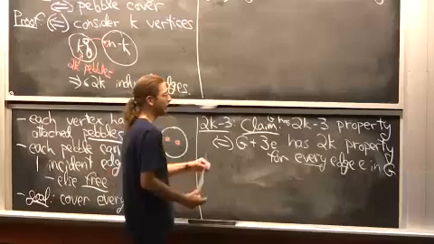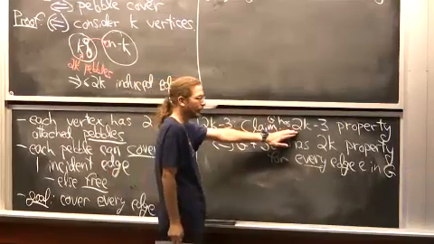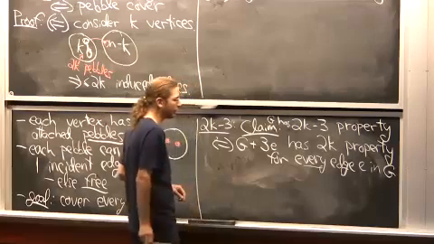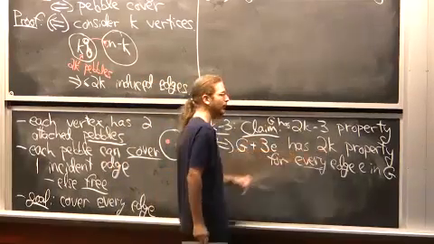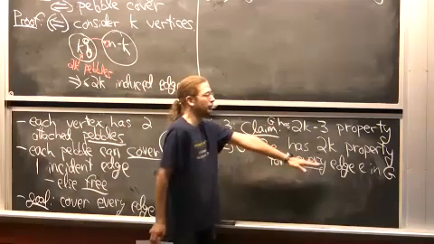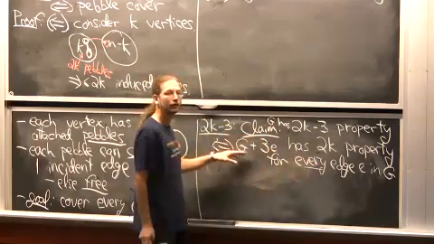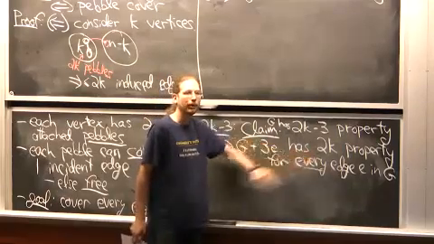Ultimately I care whether my graph has the 2K minus 3 property. This is most of the Laman condition. It's the hard part to check. And the 2K property is what I know how to check. So I claim all you need to do to check it, this would actually be an algorithm, is for every edge, turn that single edge into 4 copies of the edge, add 3 more, and check whether it has the 2K property.